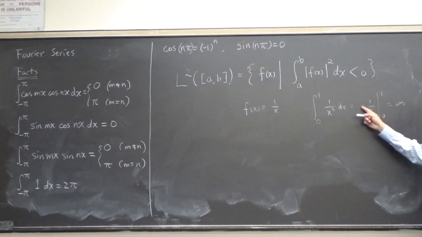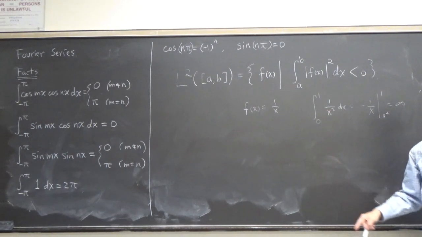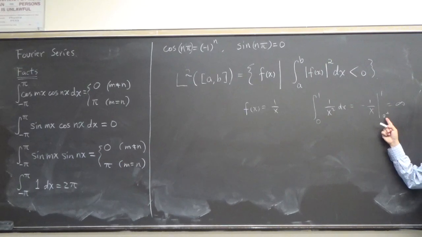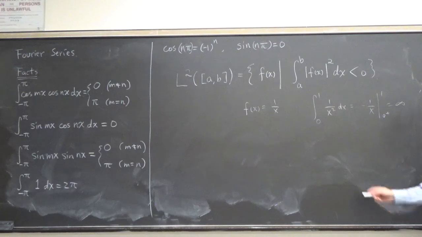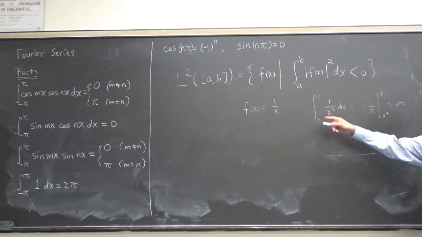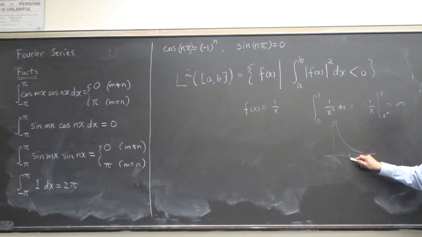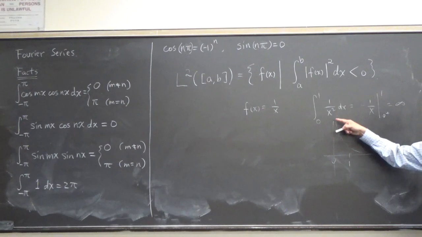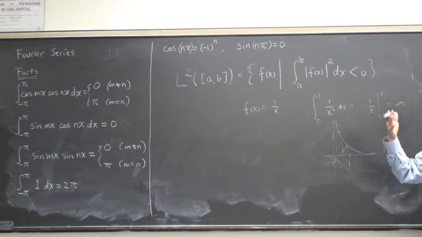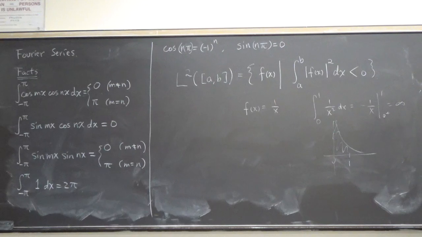This is minus 1 over 0 plus. It's an improper integral, so you really have to replace 0 by 0 plus, and if you do that, you end up with positive infinity. And you can see it by drawing the graph. If you integrate from 0 to 1, the area underneath is infinity.